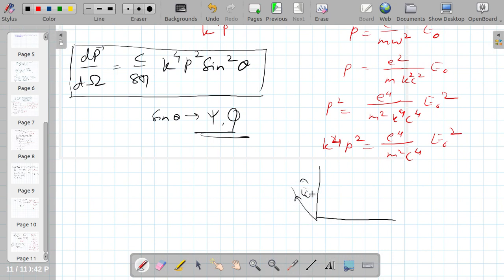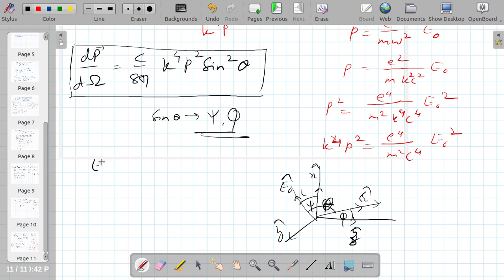This is E naught, it is x cap, it is z cap, and it is y cap, and here it is making an angle, and it is the r cap, and here this angle is phi, and this whole angle is theta.